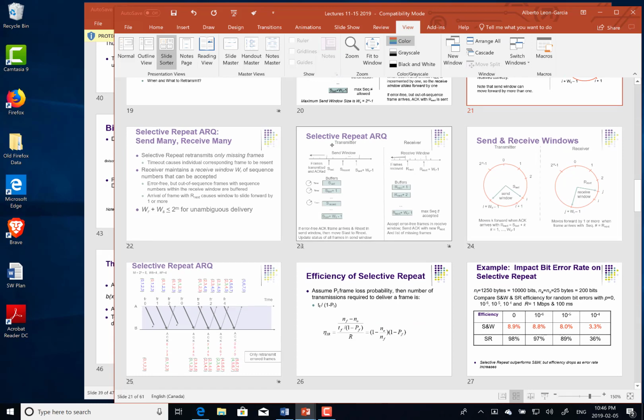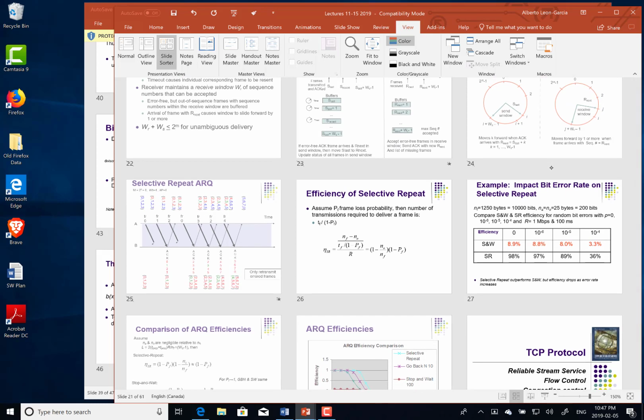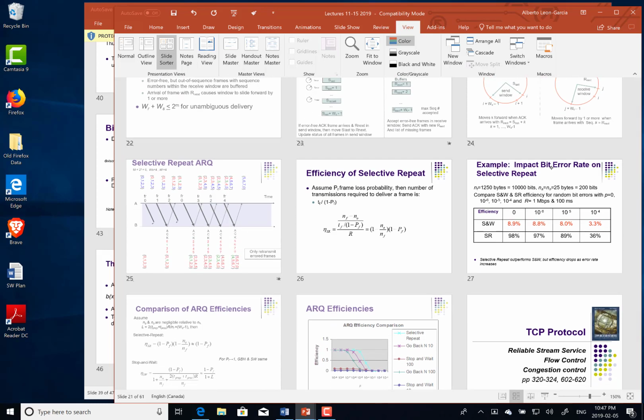So you have a window at the transmitter and a window at the receiver, and here's what they look like. You should know how these operate, and see how these move forward as acknowledgments or frames arrive.